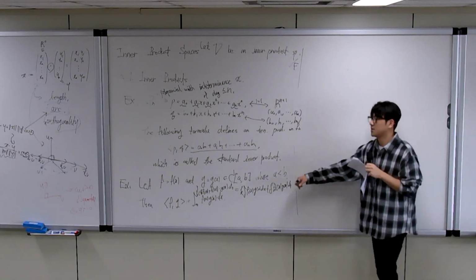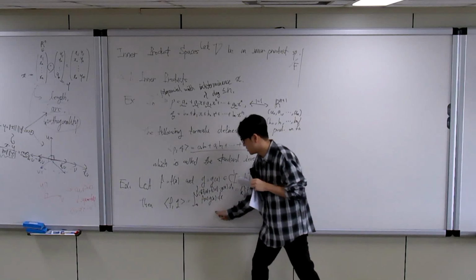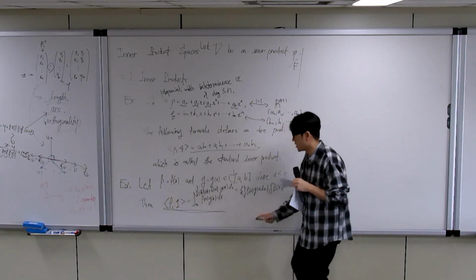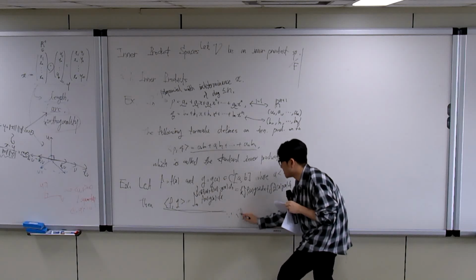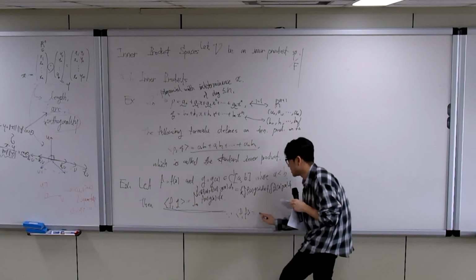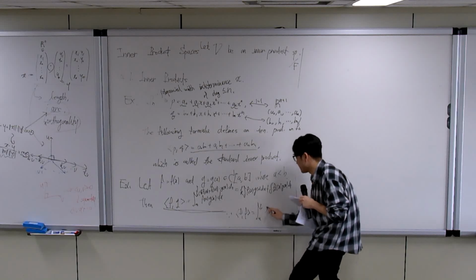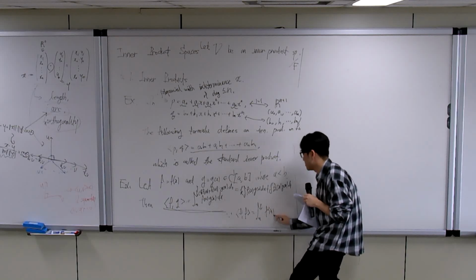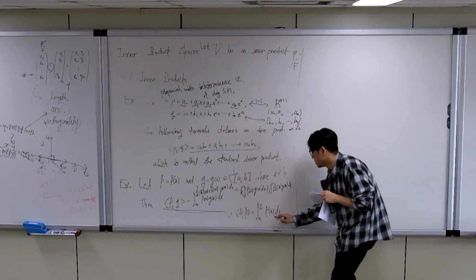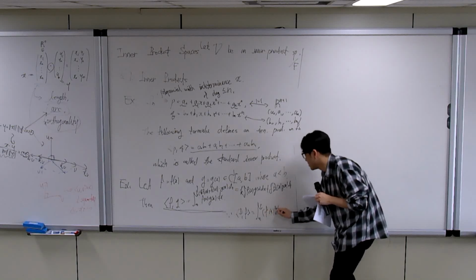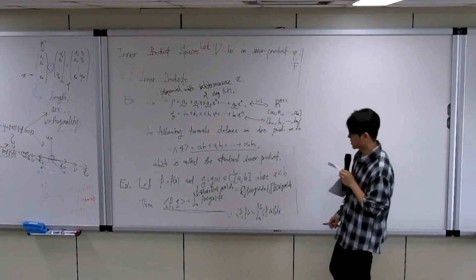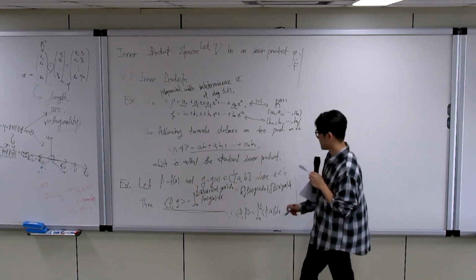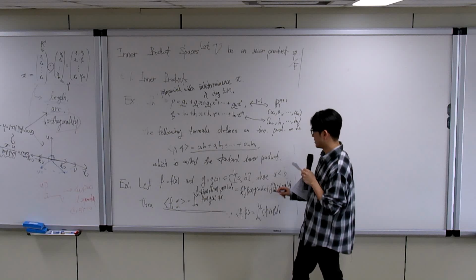So if you define it like this, I also check one more: f inner product f is the integral from a to b of f squared dx, and I will write here. f squared is defined under real values.